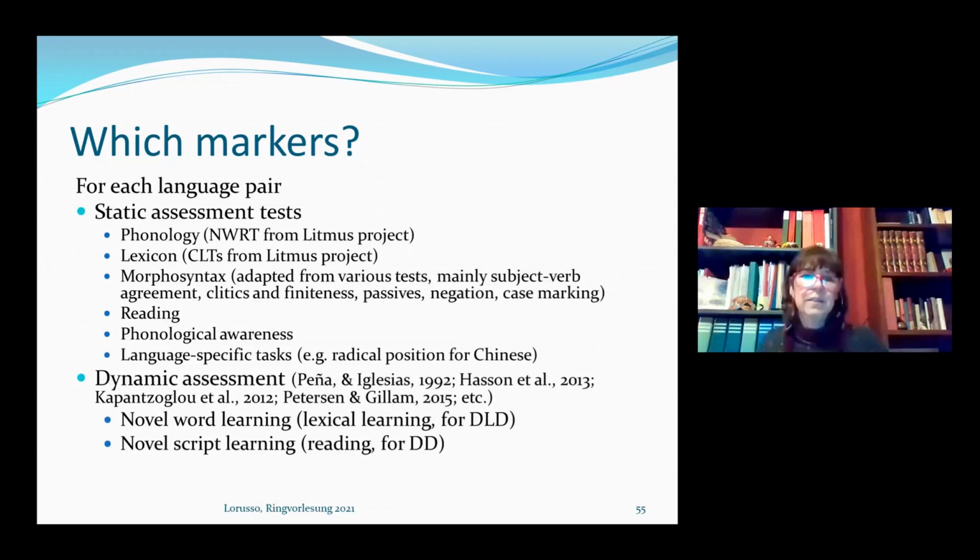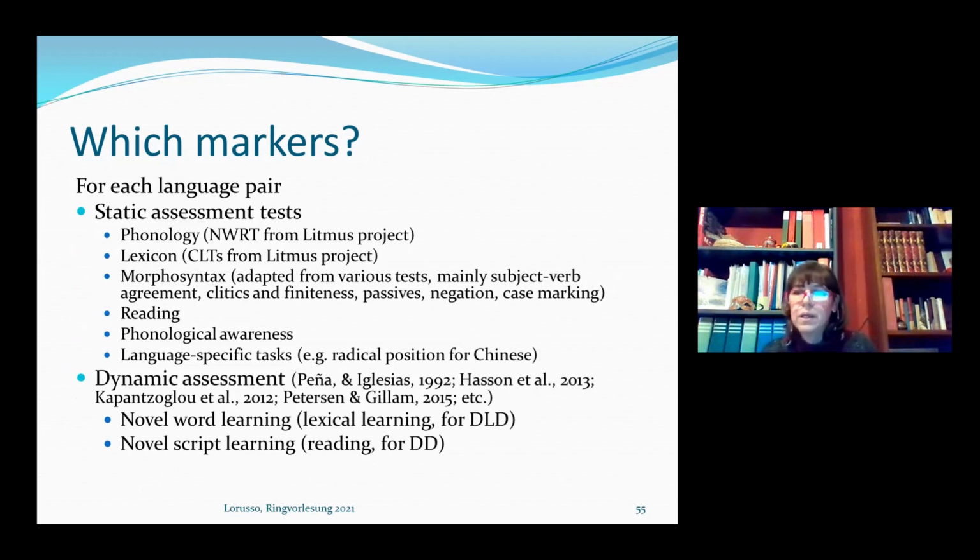The markers that we selected were both static and dynamic tools. Static assessment included phonology, lexicon, morphosyntax, reading, phonological awareness, and some language-specific tasks.